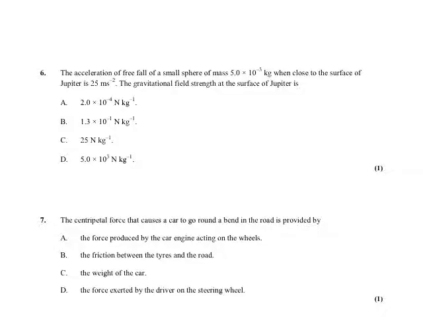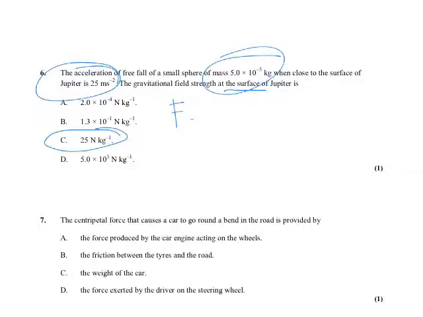Okay, the acceleration of freefall of a small sphere of mass 5 times 10 to the minus 3 when close to the surface of Jupiter is 25 meters per second squared. The gravitational field strength at the surface, well, it's a trick question. It's actually the same. The answer is C, because force equals mass times acceleration.